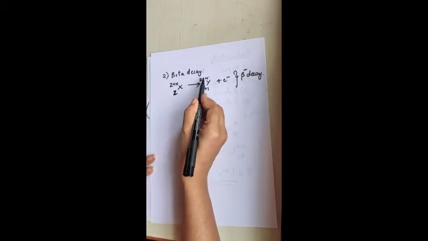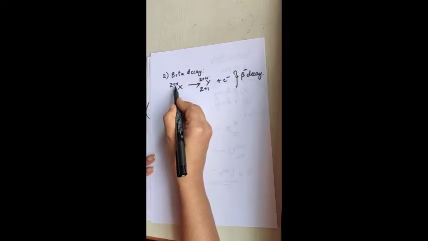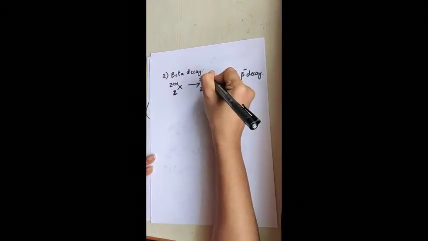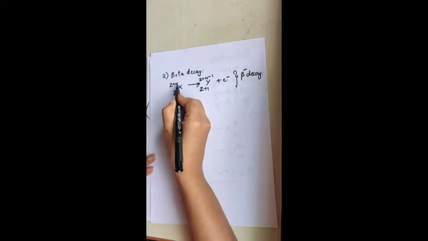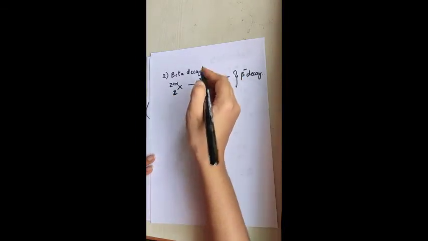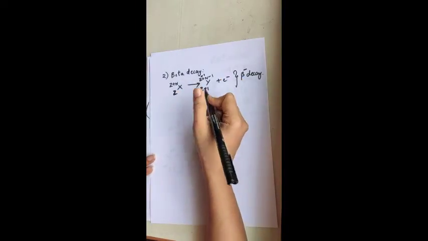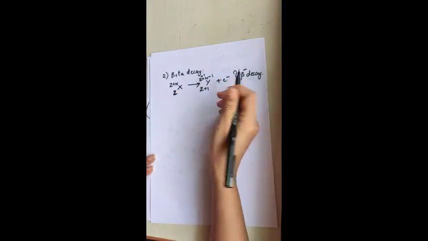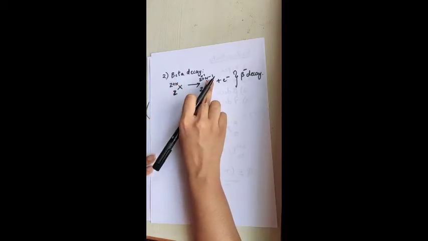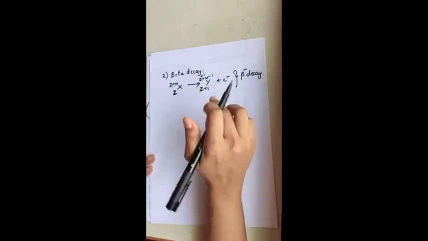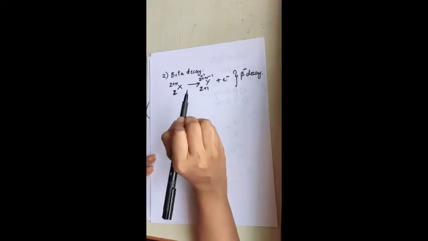Why does the mass number remain the same? A neutron gets converted into a proton, so I write neutron number minus 1, and the proton number becomes Z plus 1. So the plus 1 and minus 1 get cancelled, and again it is the same Z plus N. Therefore the mass number remains the same in beta decay. Only the proton number changes.